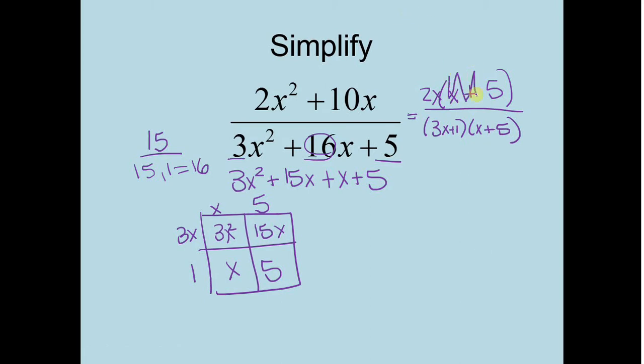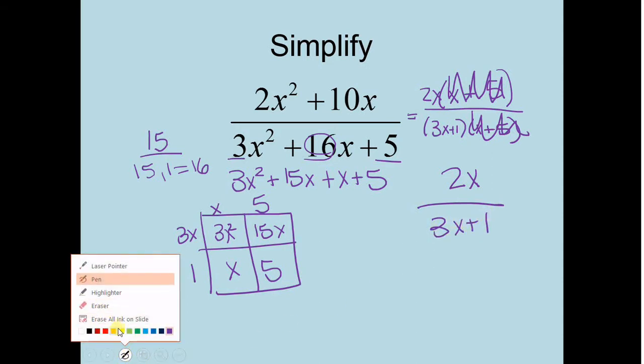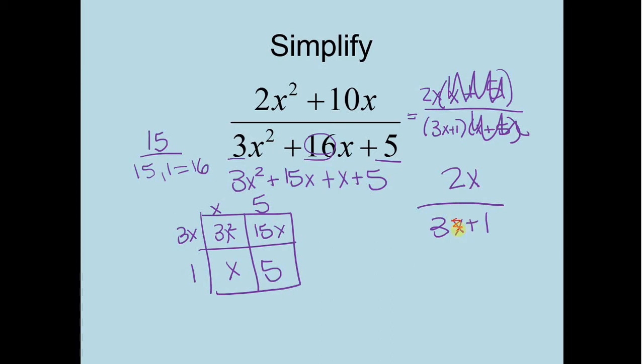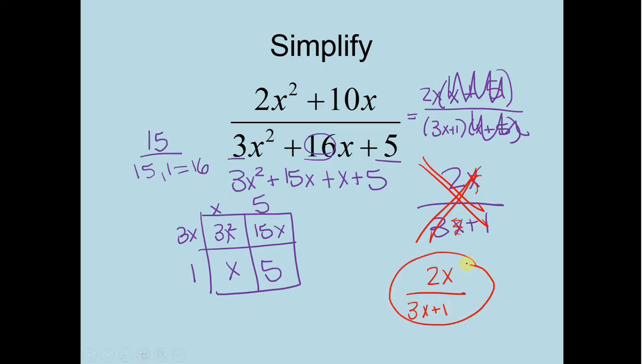So I can take the x plus 5s and cancel them out. I'll be left with 2x over 3x plus 1. Now, don't get cancel happy and kill kitties. Don't cancel the x's. Bad idea. Leave this as 2x over 3x plus 1, okay?